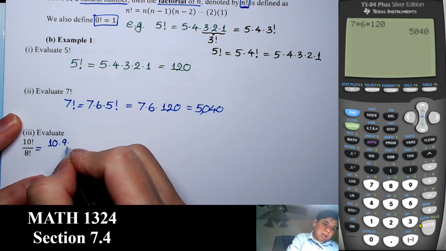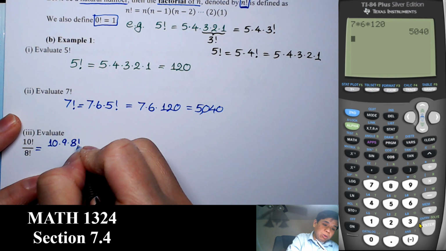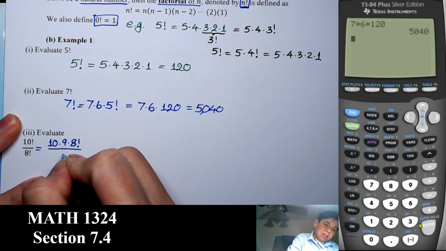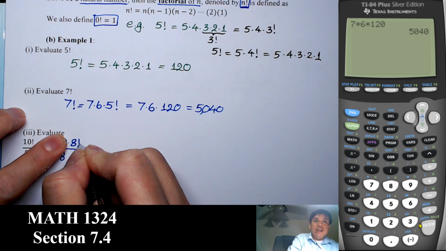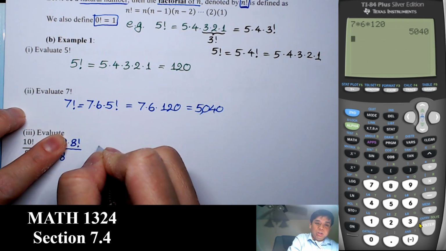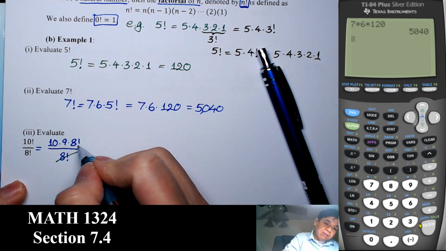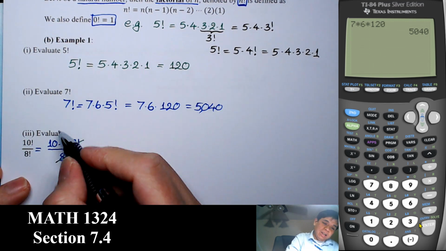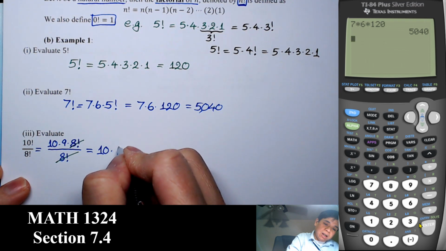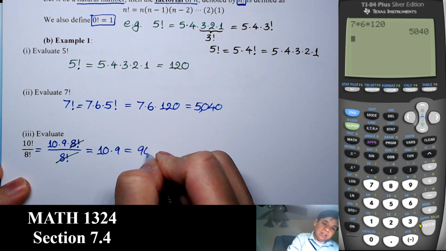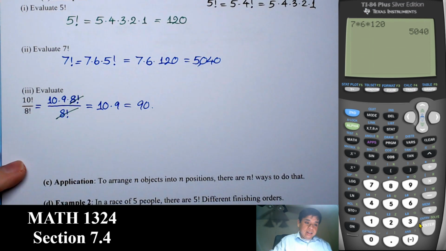But I can decide to stop at any number I want, so if I stop at 8, I just have 8 factorial, because from there it will be 8, 7, 6, 5, 4, 3, 2, 1. So we just cancel it, and we have just 10 times 9, which is 90.